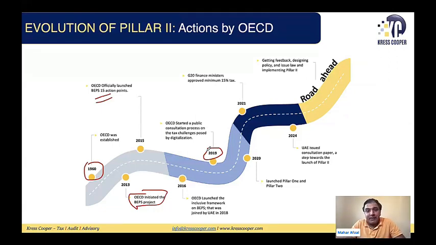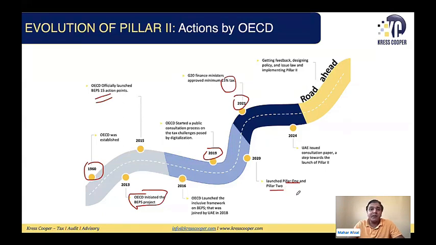In their public consultation paper, the OECD gave a recommendation of 15% minimum tax, and in 2020 the OECD launched Pillar 1 and Pillar 2. This minimum 15% tax was approved in 2021 by the G20 countries. Based upon this 15% minimum tax, the OECD launched Pillar 1 and Pillar 2.